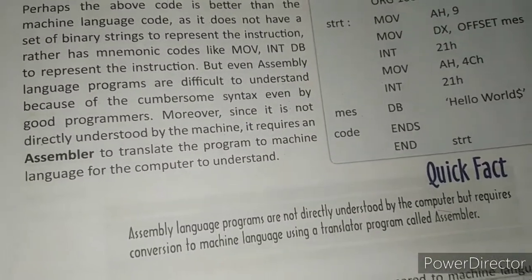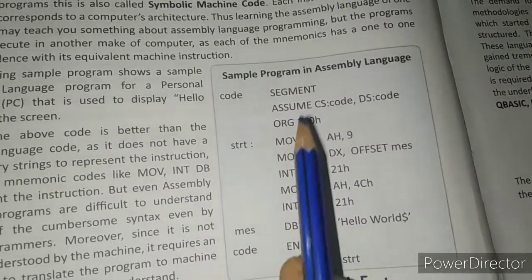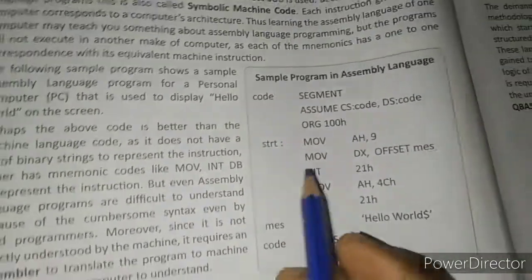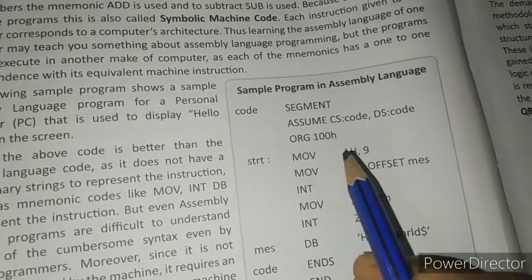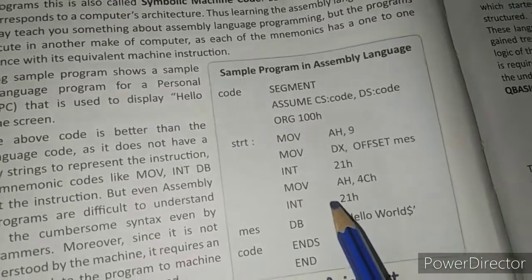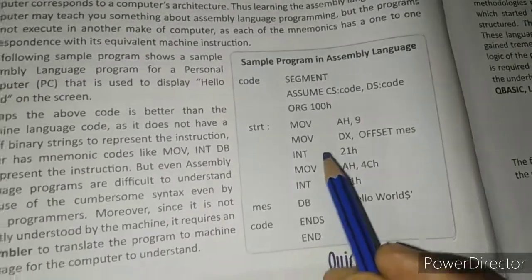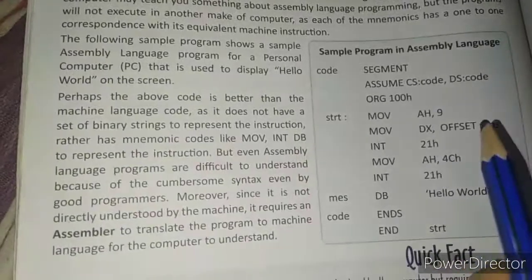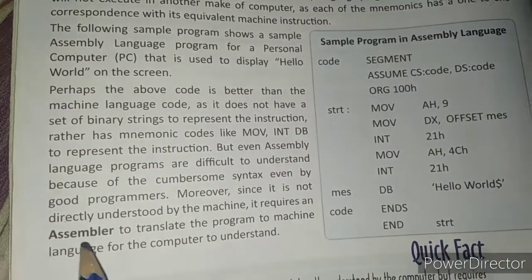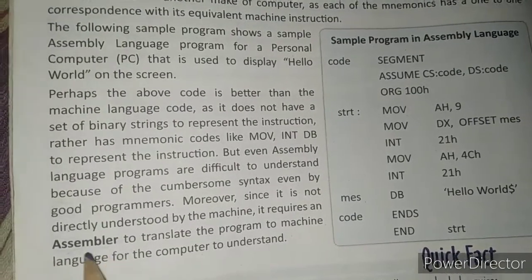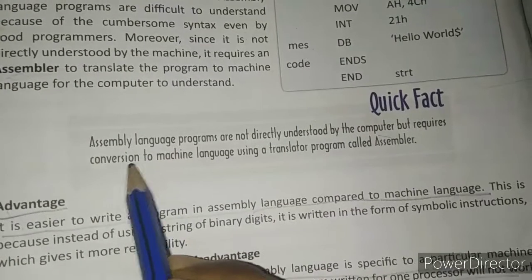After that it is executed. So in assembly language, mnemonics are used to write the programs, which are somewhat English-like words, and for the execution of the program, the assembly language program is converted to machine language by using the assembler translator program.